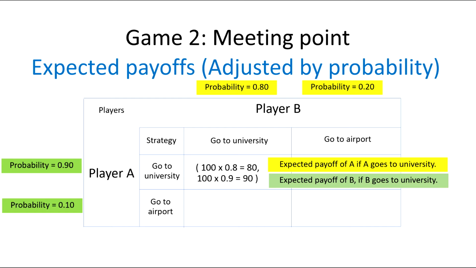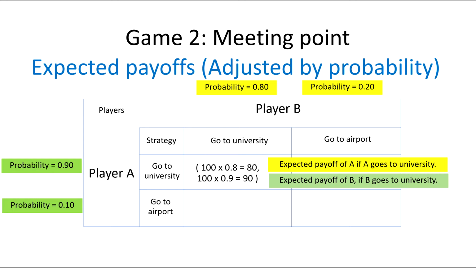Here we have the probability and we can calculate the expected payoffs of A if A goes to university, and the expected payoff of B if B goes to university. So in this first cell, you see that if player A goes to the university, what would happen?